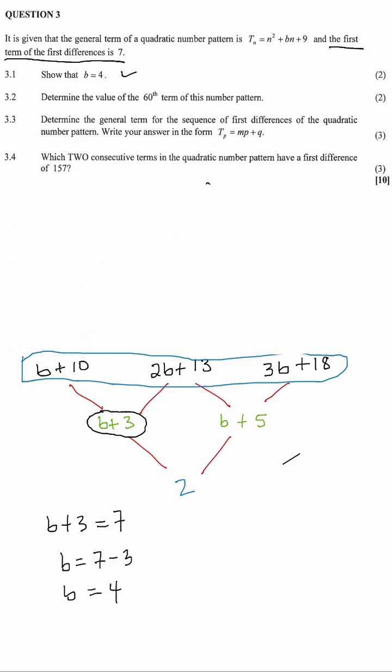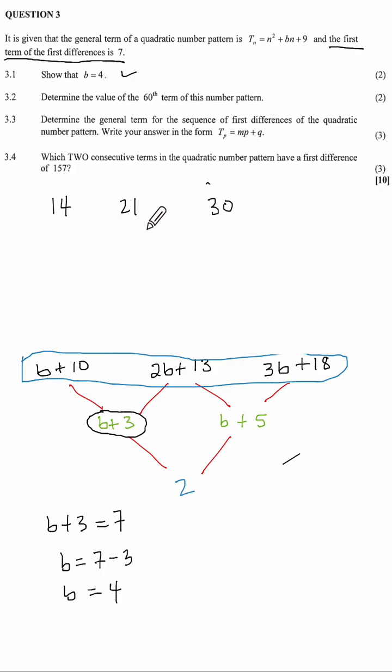So if I come back, I would see that b is 4, plus 10, so the first term is 14, then the second term is 2 times 4, that's 8, plus 13, that is 21. And then here, 3 times 4, that's 12, plus 18, that is 30.